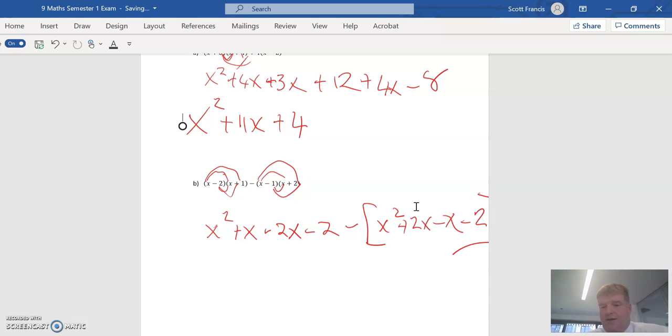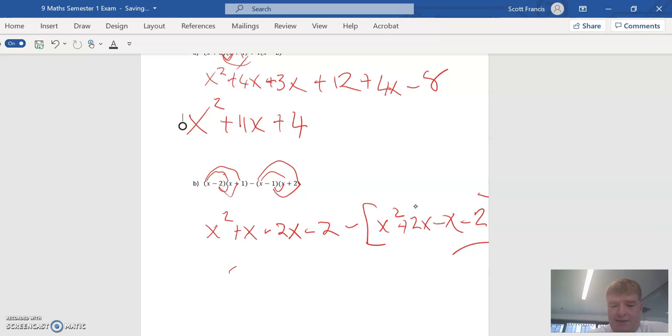Okay, so let's have a look at some of these things we can do. We've got an x squared minus an x squared. Those two things are going to cancel out, so we're not going to have any x squared terms left. We're going to have minus 2x plus x, that's going to be minus x, minus 2x, that's going to be minus 3x, minus 1x.